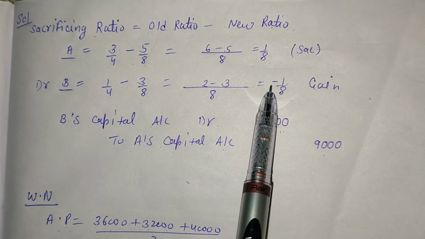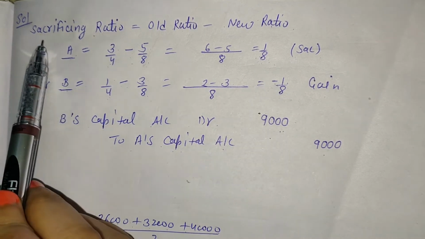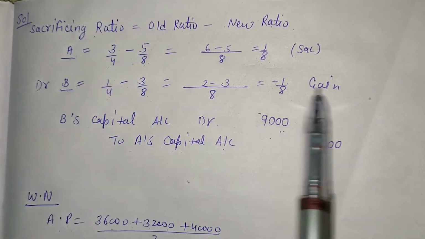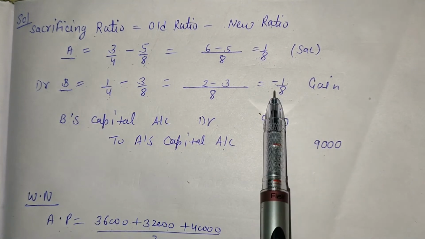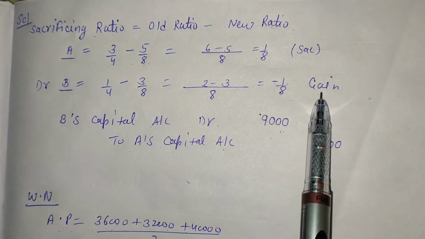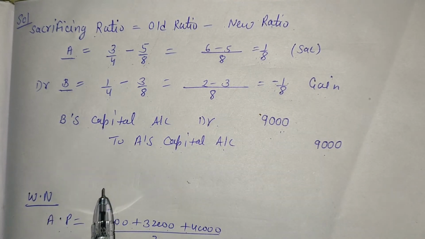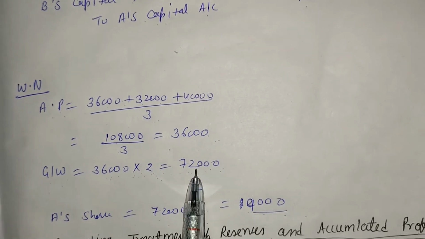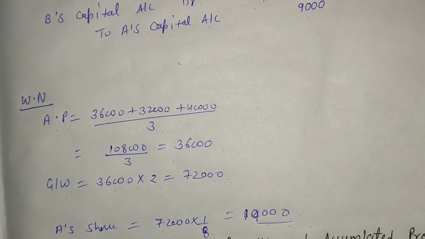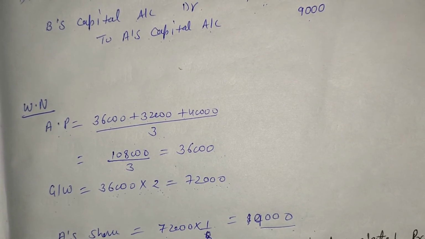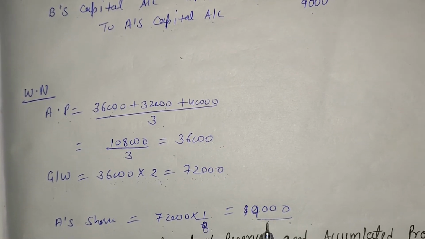Here we are getting a minus sign in the sacrificing ratio formula. So an inverse relation: a negative sacrificing ratio means gain. So here A sacrifices and B gains. Now in the working note, the total goodwill is rupees 72,000 and the share of A and B is 1/8. After solving this, we are getting 9,000 rupees.